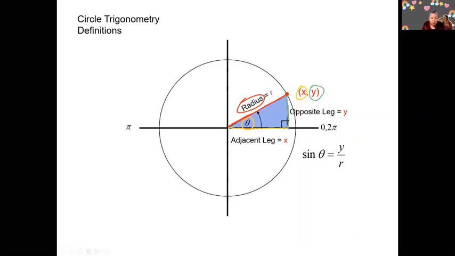Then the cosine ratio of the angle will be adjacent over hypotenuse. So now we can utilize the ratio for the cosine of the angle is x over r. And even tangent will be opposite, which is y, over adjacent, which is x.